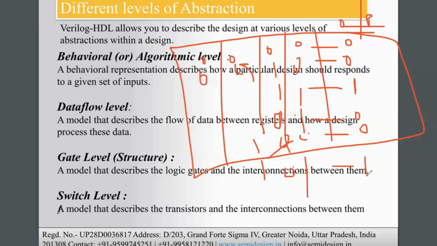You need to draw the block diagram and then the truth table. From the truth table, the output expression. From the output expression, the gate level circuit. From the gate level circuit, if you want to convert to transistor level, you can convert the gates into transistors, I mean a CMOS circuit. So this is the flow we need to follow.